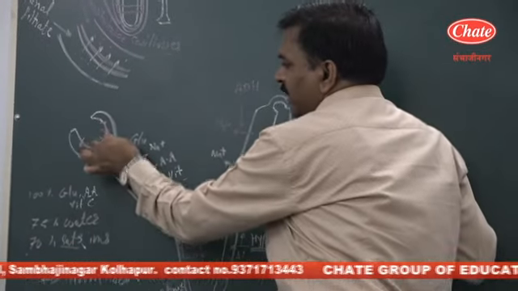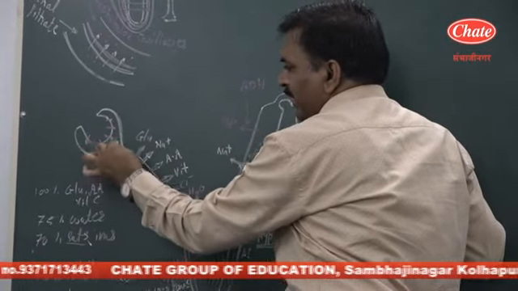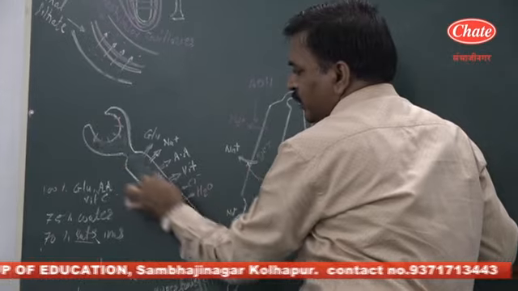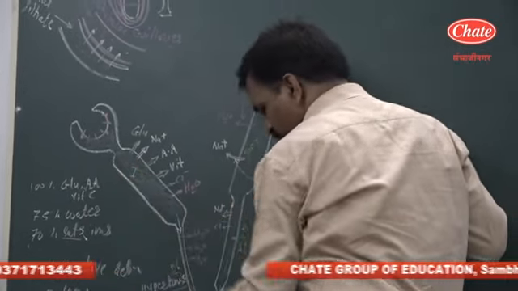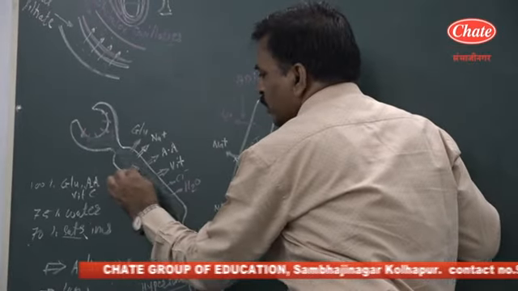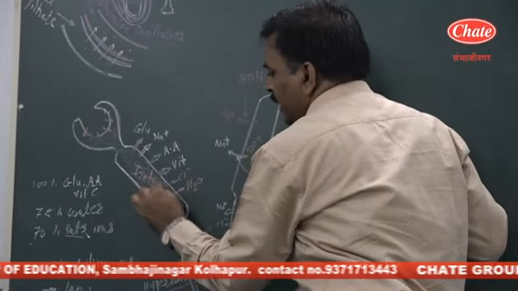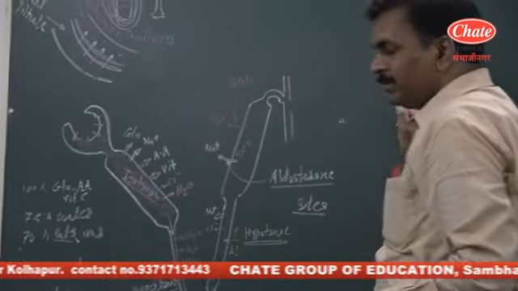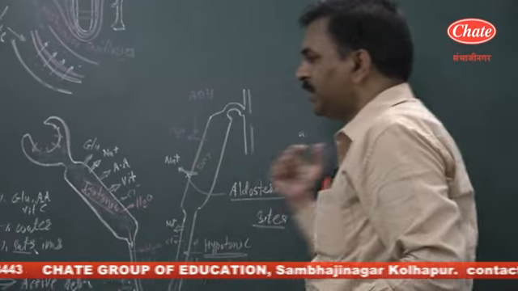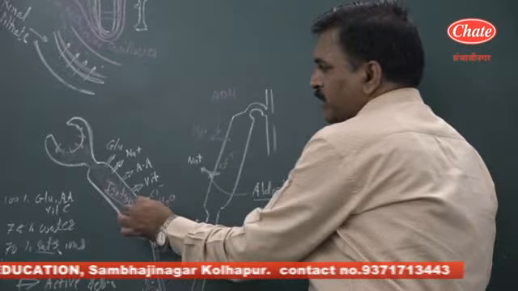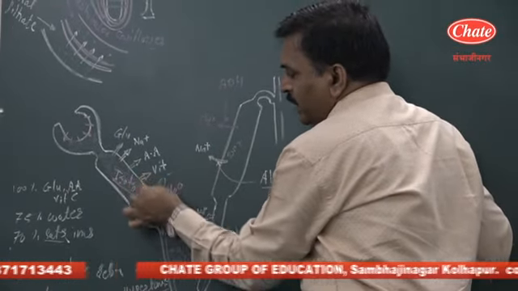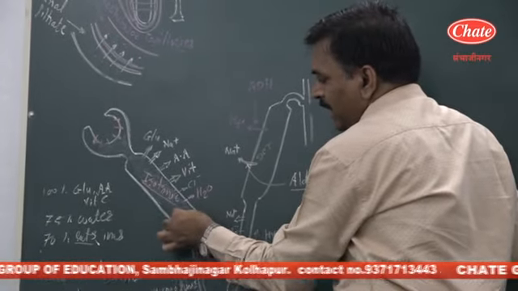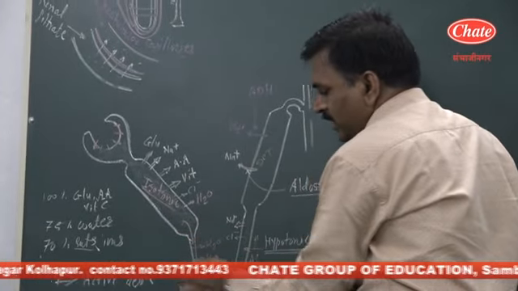As a result of ultrafiltration, we observe the glomerular filtrate. This glomerular filtrate enters the PCT, where it is isotonic to the plasma of blood. Maximum selective reabsorption occurs in the PCT, and then the content moves towards the descending limb.